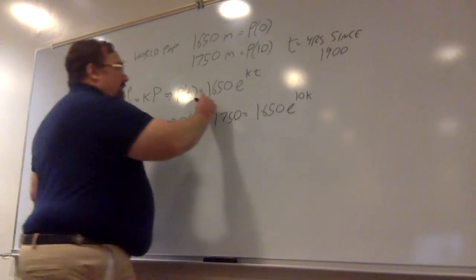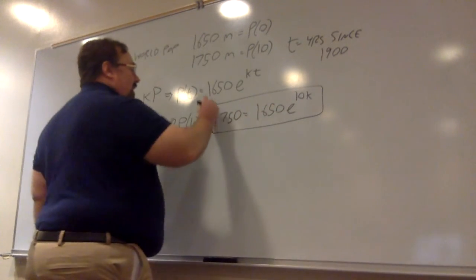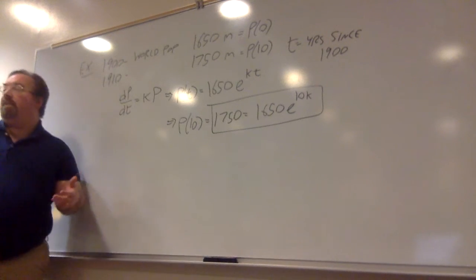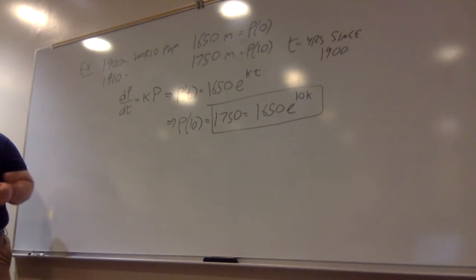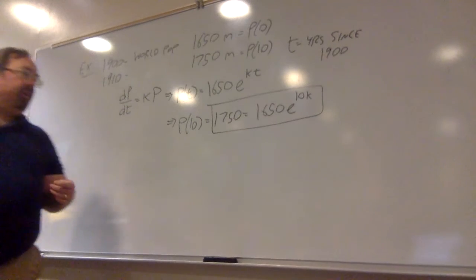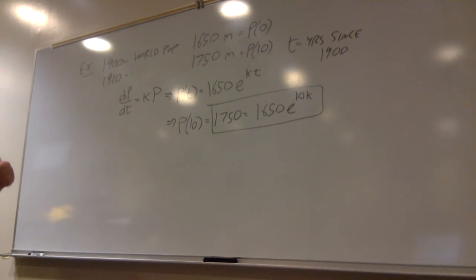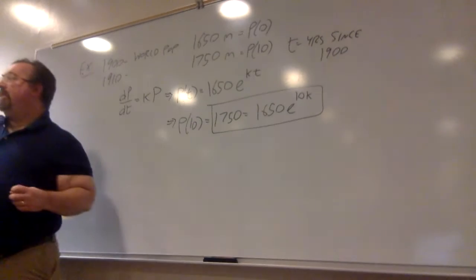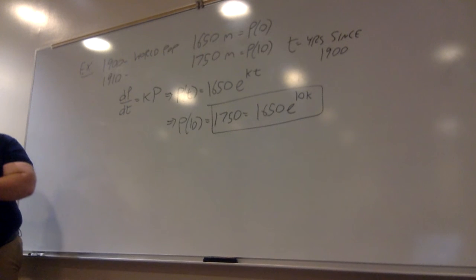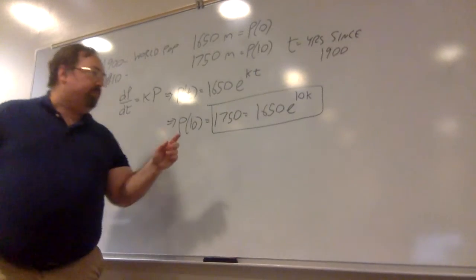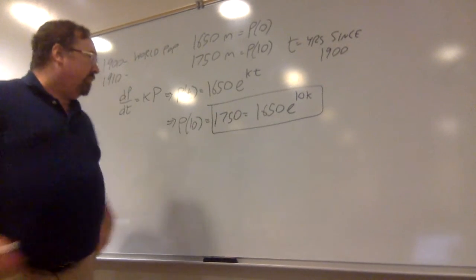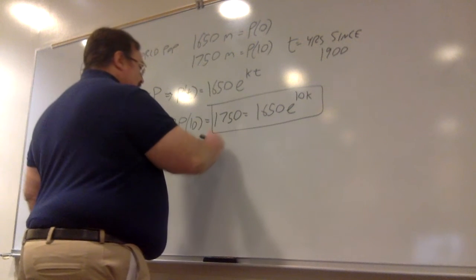So now we have this equation with only one unknown, k. So now we can solve for it. So what should I do to solve for k? Well, we're going to take the natural log. Before we do that, let's divide both sides by 1650.